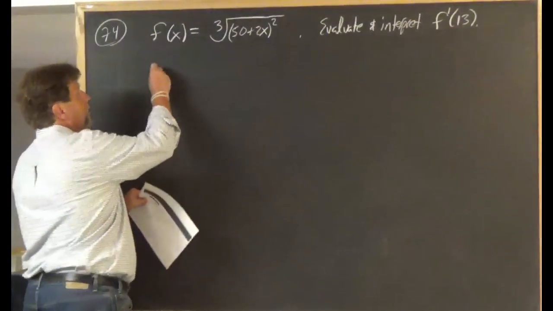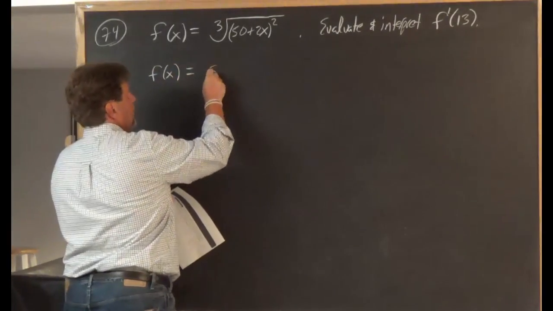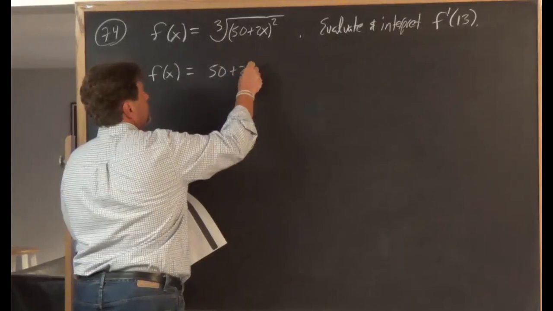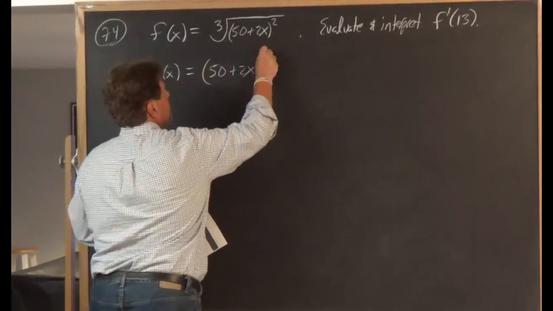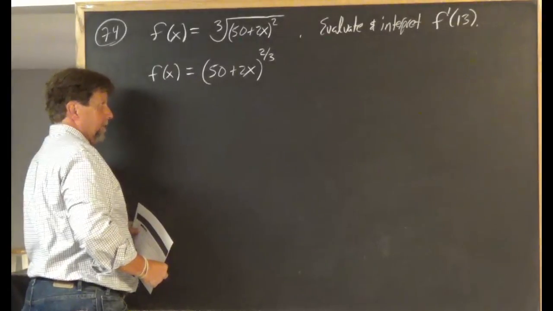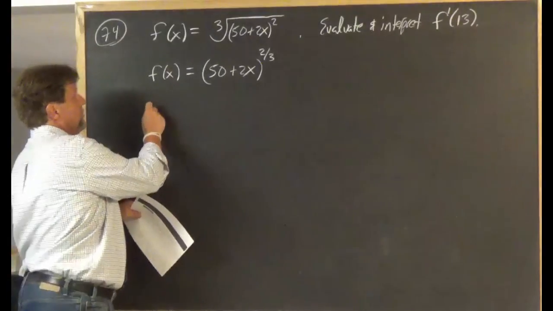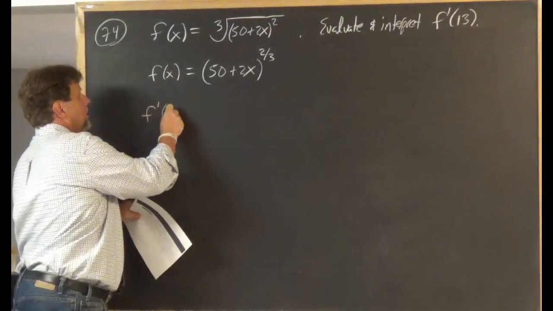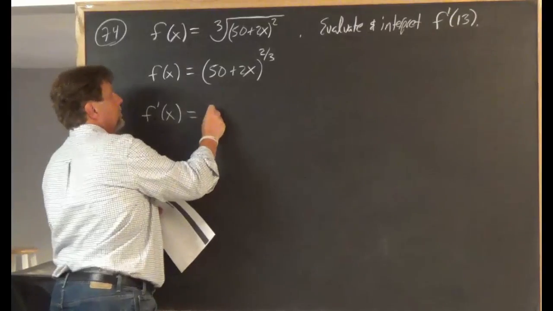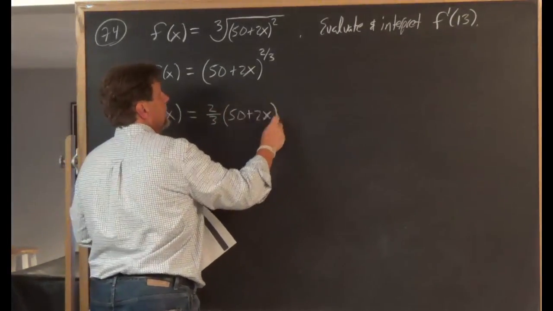And the first thing I would do is algebra. I would rewrite the radical function as 50 plus 2x to the 2/3. So to get the derivative, let the 2/3 come out front. That's the derivative of the outside function.